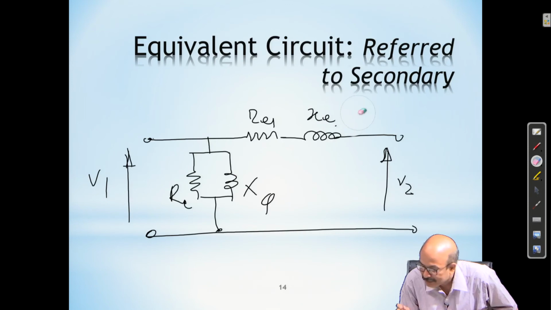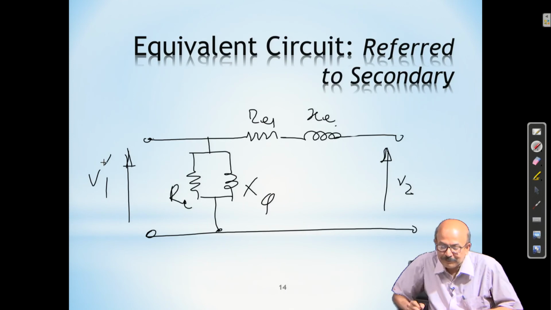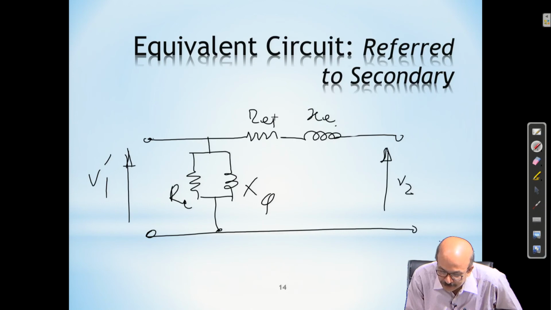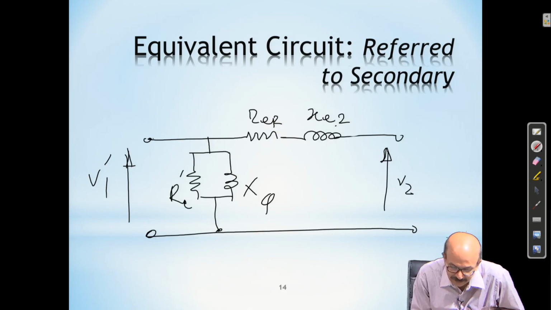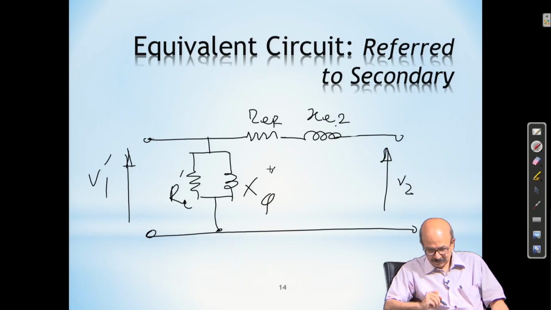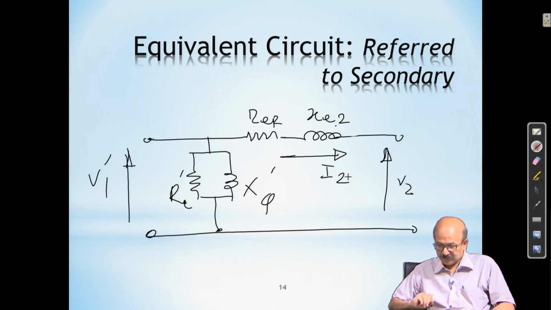So here, this will be now V2 and this will be V1 dash, and this will be RE2 and this will be XE2, and you can consider this one also dash and this one also dash. And then what will be the current here? Not I2 dash, but I2.